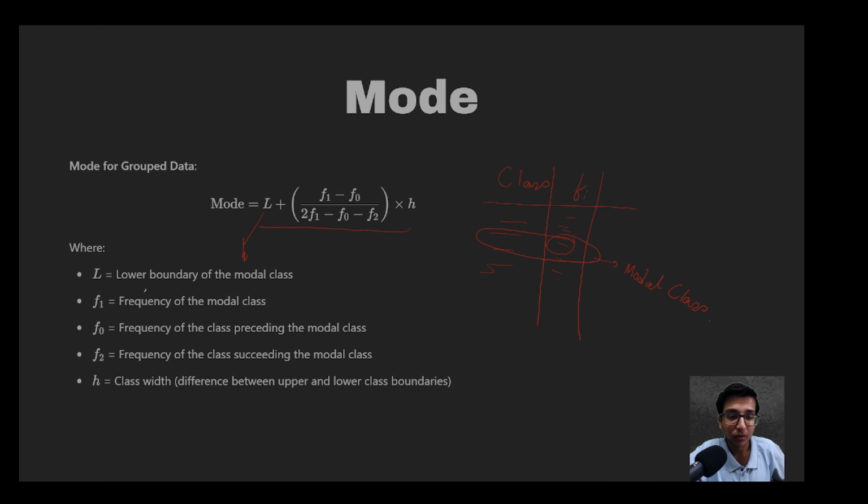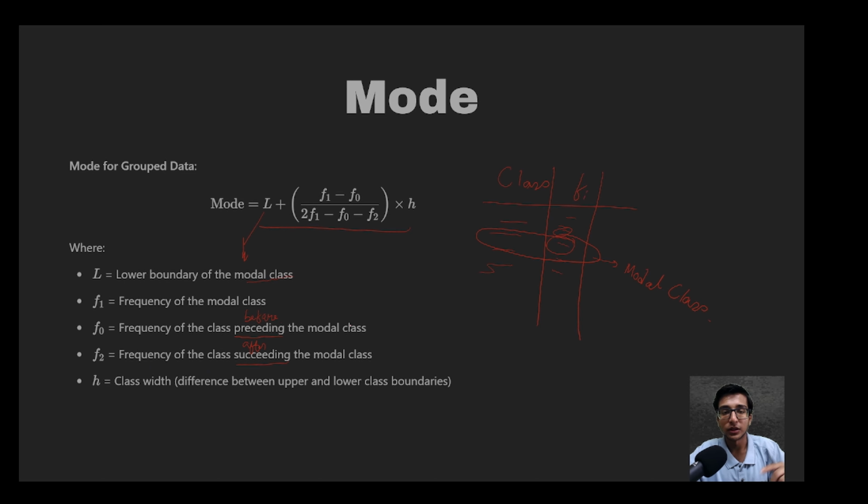And now substituting the values, lower boundary of modal class, of course the lower limit. F1 is the frequency of the modal class. F0 is the frequency of class preceding the modal class. That means the one that is coming before. Preceding means before. Frequency of class succeeding, F2. So this would be the after.